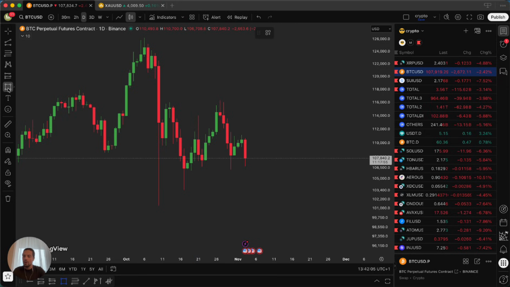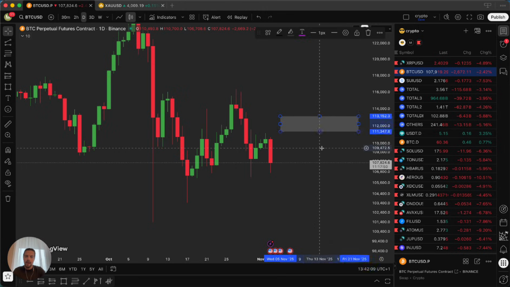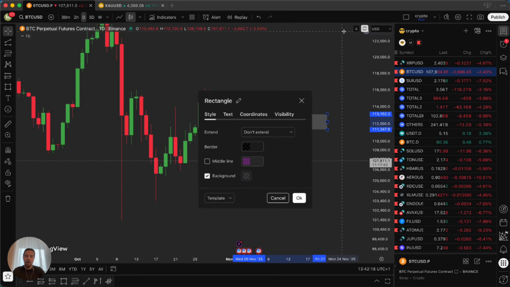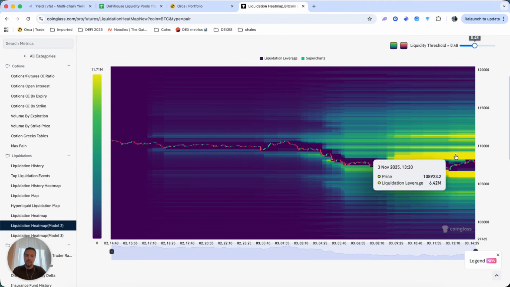So you want to grab a rectangle tool, and then you want to place a basic random area on the chart. And now you want to click on the tool, click on the settings, go to coordinates, and here you can enter the actual price points of your zone. So now when you have this, you go back to CoinGlass, and you want to be marking multiple areas.